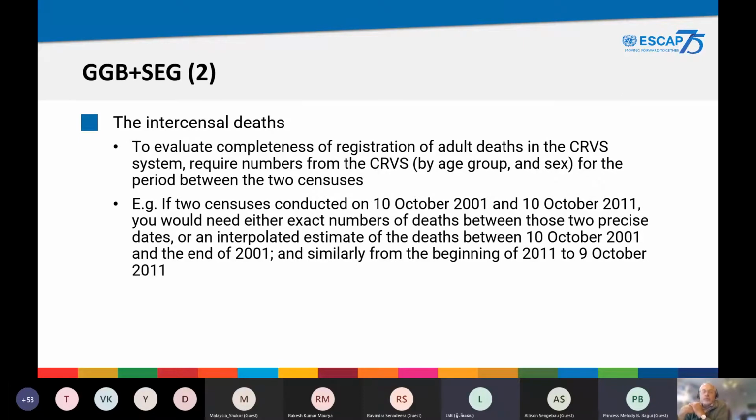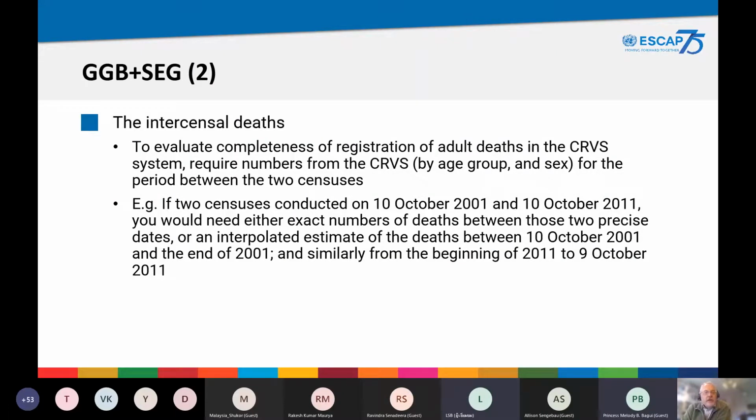One of the data inputs which we require, other than the tabulations of the age structure from your census, to evaluate the completeness of the registration of adult deaths in the CRVS system, is the numbers from that CRVS by age group, as we already discussed, as well as by sex, for the period between the two censuses.